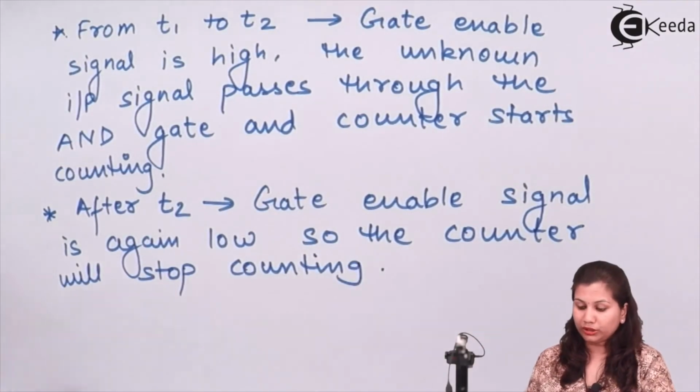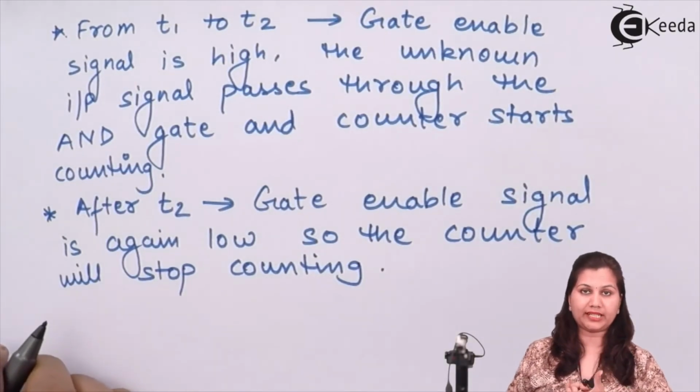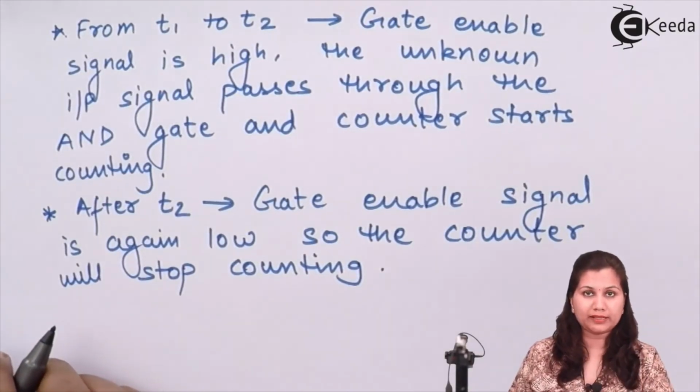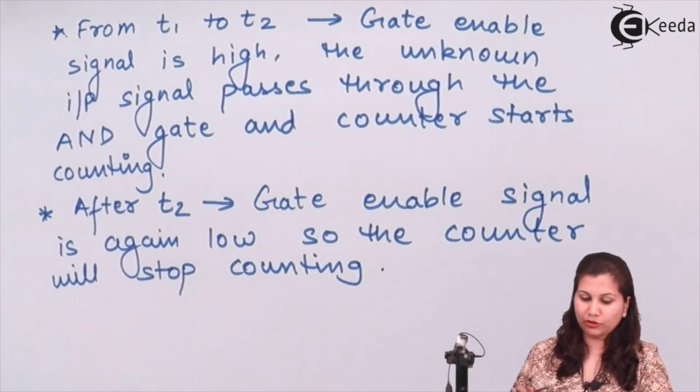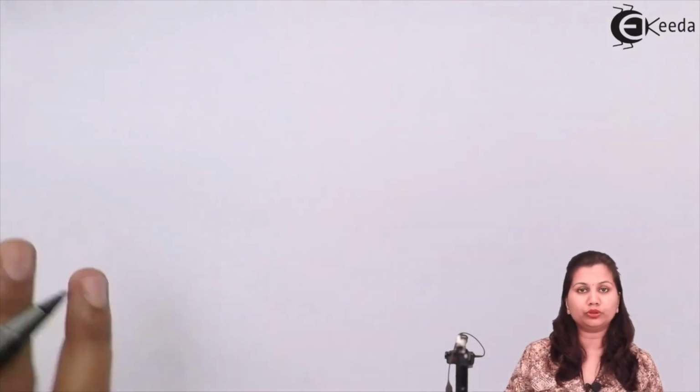So the number of pulses which have passed through the AND gate during the time interval T1 to T2, the counter has counted those pulses. The number of counts shown on the counter will be equal to the frequency of the input signal. Because for a particular time period, suppose T2 minus T1 is 1 second, the number of pulses which have passed in 1 second is called the frequency.